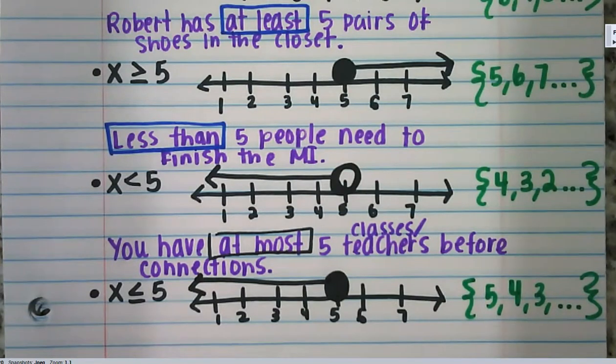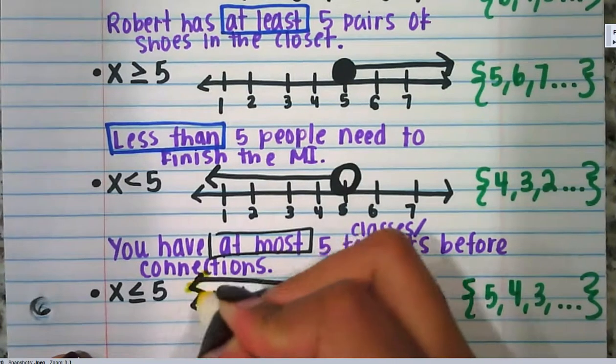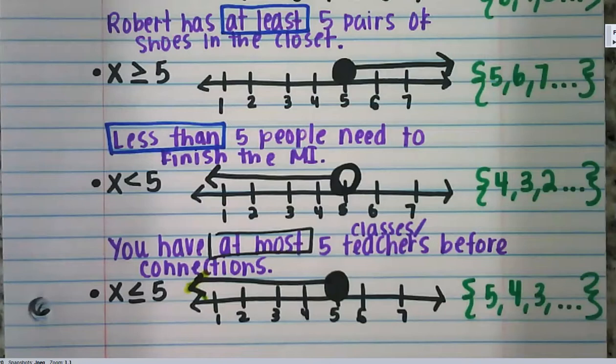So I want to show you a cool little trick just so you remember. When looking at this, you can also say, well, which direction is my arrow going to go? Well, if I look at my arrow, let me use a different color.